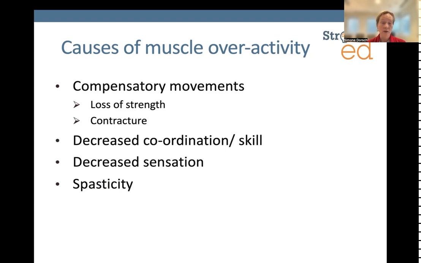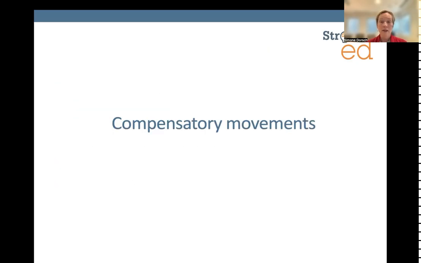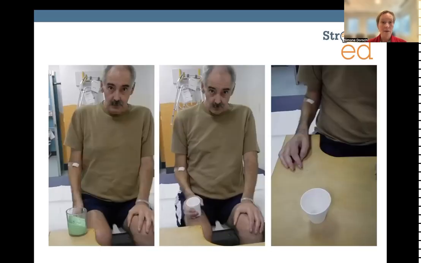So we're going to work through those causes and look at some examples of each one and look at strategies for helping to decrease muscle overactivity in the presence of those causes of overactivity. So starting with compensatory movements.